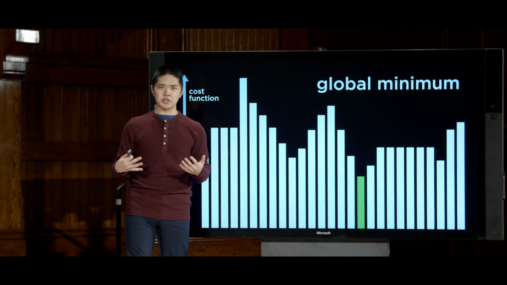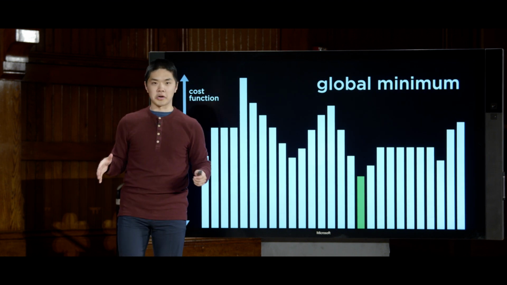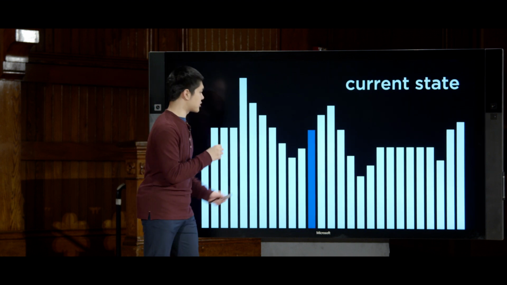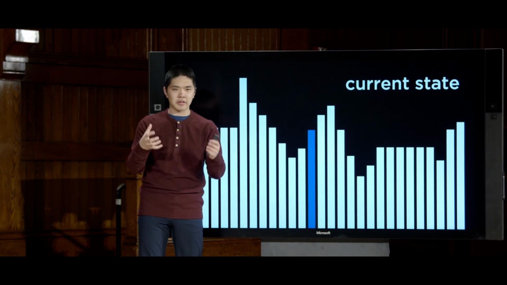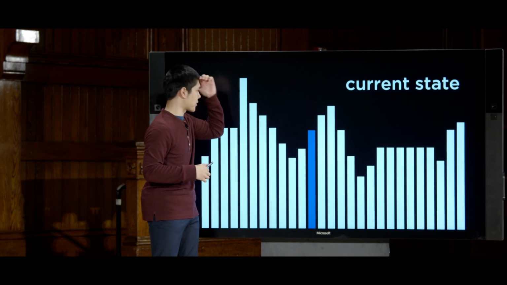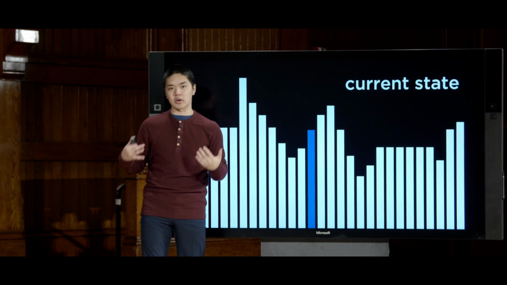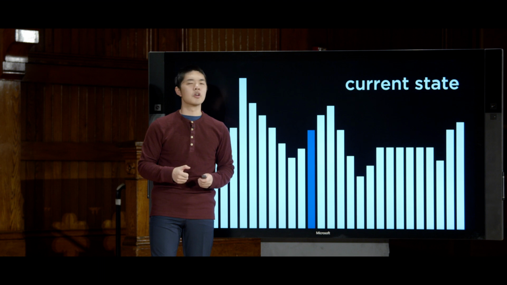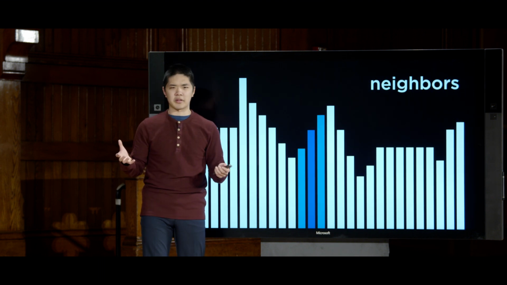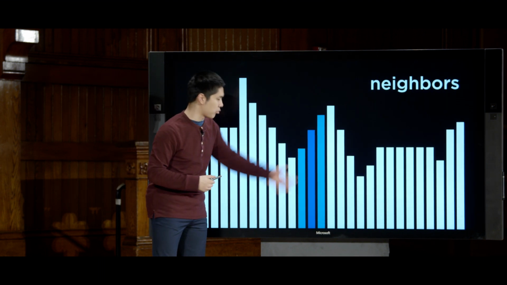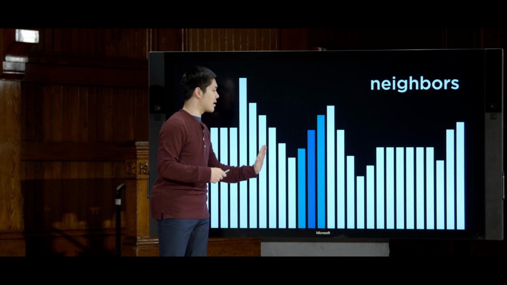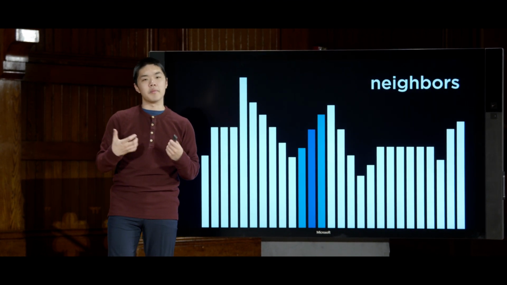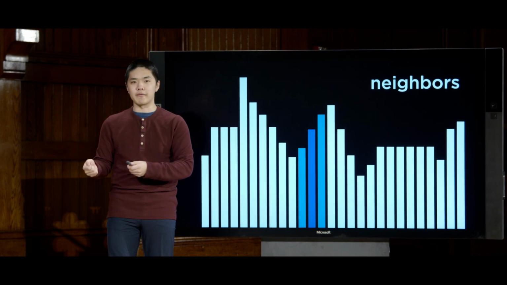And how exactly do we do that? We'll recall that in local search, we generally operate this algorithm by maintaining just a single state, just some current state represented inside of some node, maybe inside of a data structure, where we're keeping track of where we are currently. And then ultimately what we're going to do is from that state, move to one of its neighbor states. So in this case, represented in this one-dimensional space by just the state immediately to the left or to the right of it. But for any different problem, you might define what it means for there to be a neighbor of a particular state.